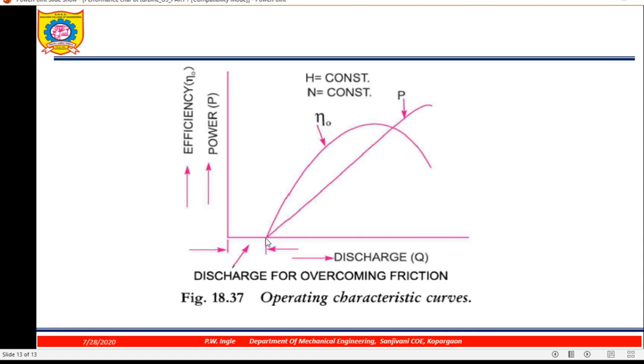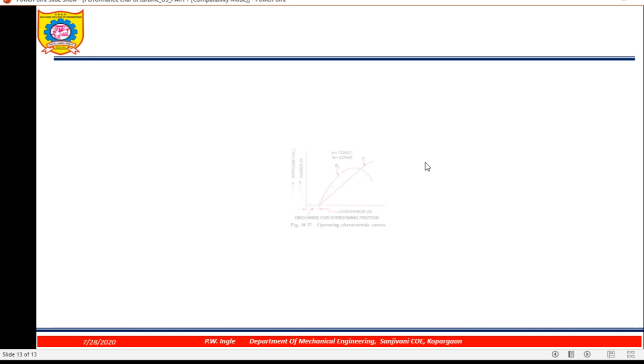Initially, this power curve or efficiency curve will not pass through the origin because some amount of discharge is required to have initial rotation of the shaft. Okay, then power is directly proportional to discharge and efficiency also increases, at a particular point it is maximum and then goes on decreasing. This is the operating speed characteristic.